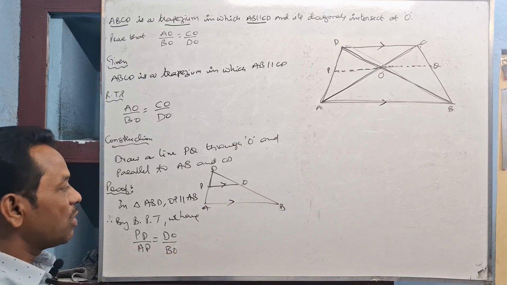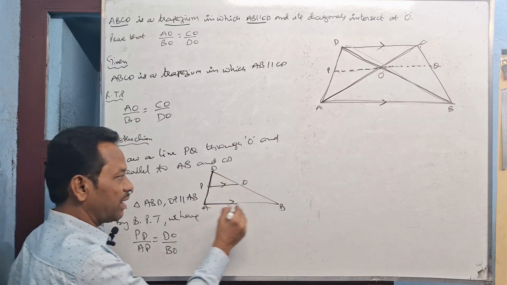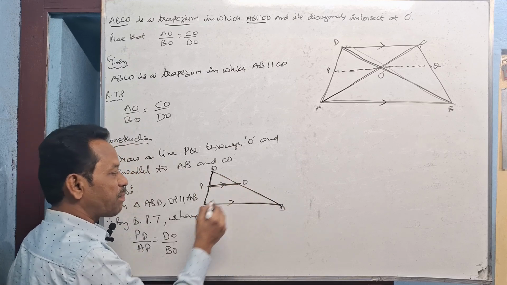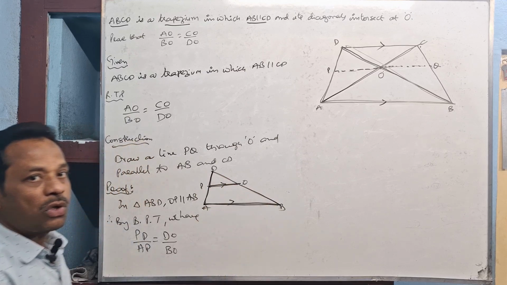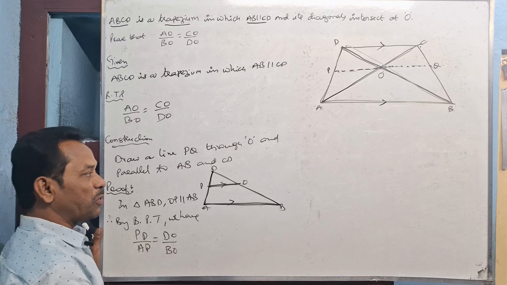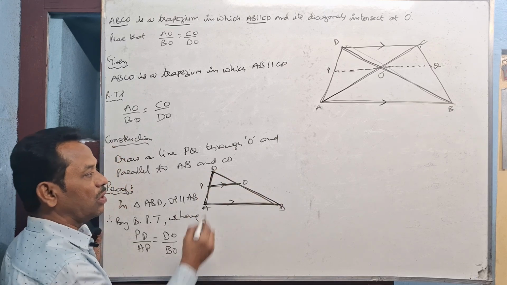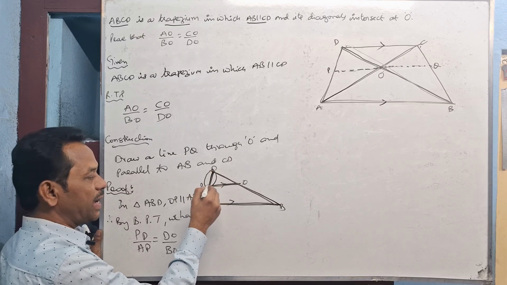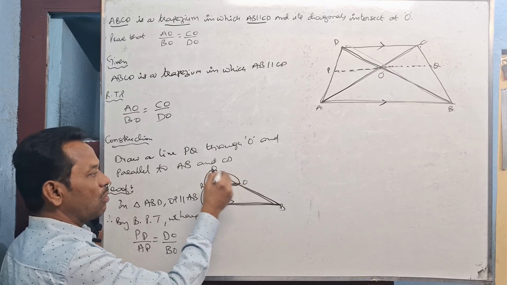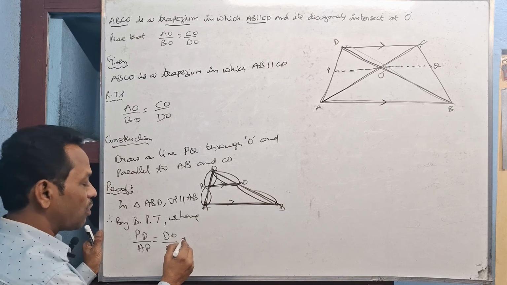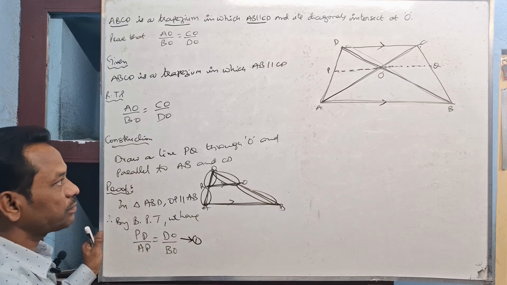I repeat: in this triangle, OP is parallel to AB, so according to the basic proportionality theorem, this line divides the other two sides in the same ratio. In a sense, DP by AP equal to OD by OB. Let me take this as equation 1.